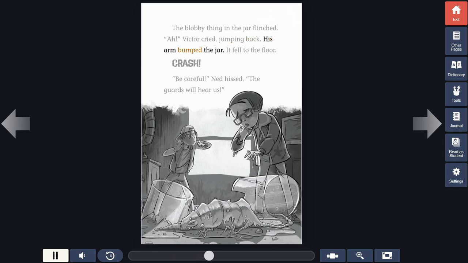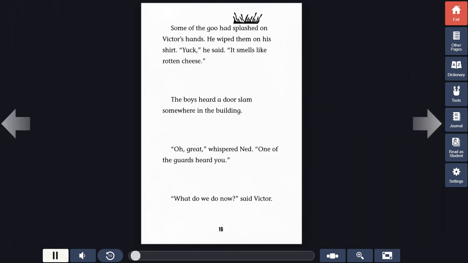His arm bumped the jar. It fell to the floor. Crash! Be careful, Ned hissed. The guards will hear us. Some of the goo had splashed on Victor's hands. He wiped them on his shirt. Yuck, he said. It smells like rotten cheese.